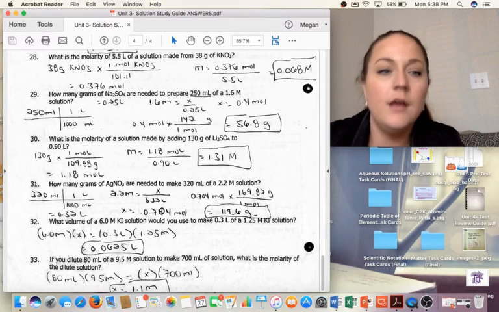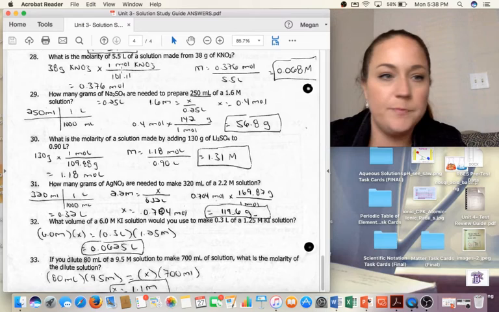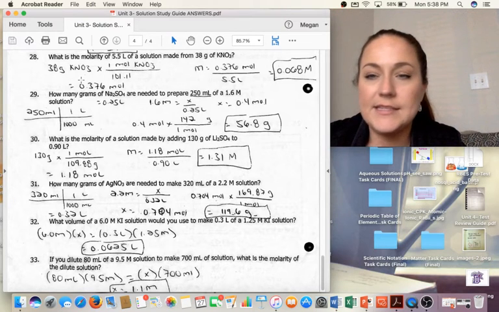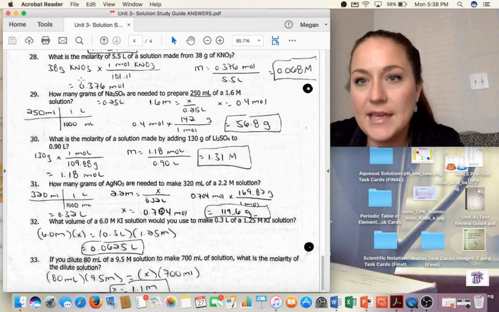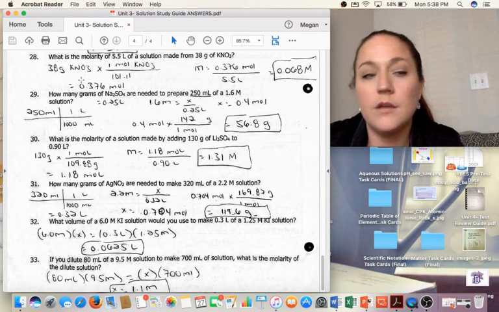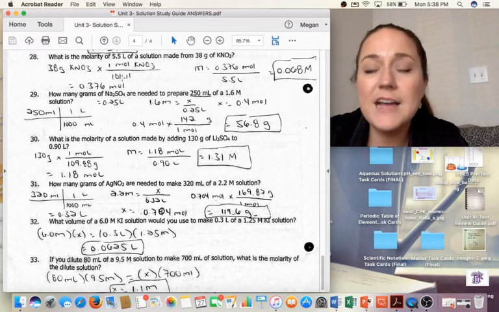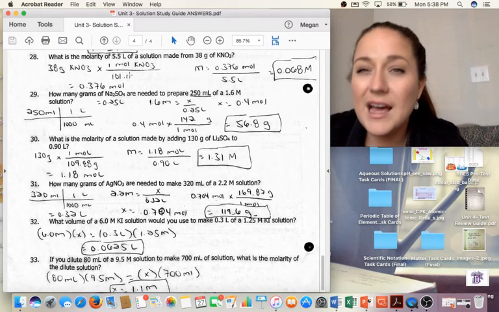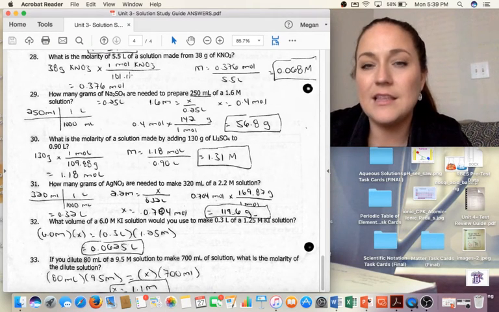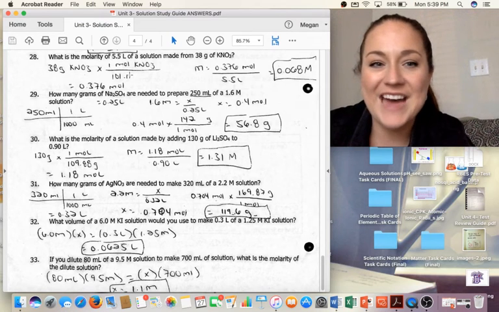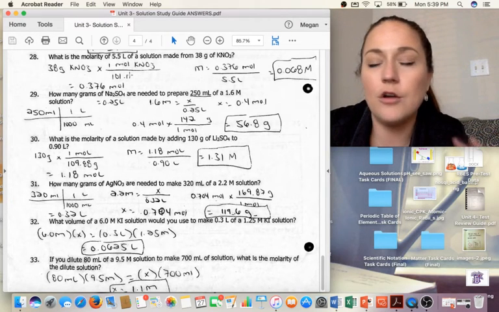So the first thing you need to do with 28 is take that 38 grams of KNO3 and make it into moles. Convert it. So you have 38 grams divided by 101.11 because that is the molar mass of KNO3.